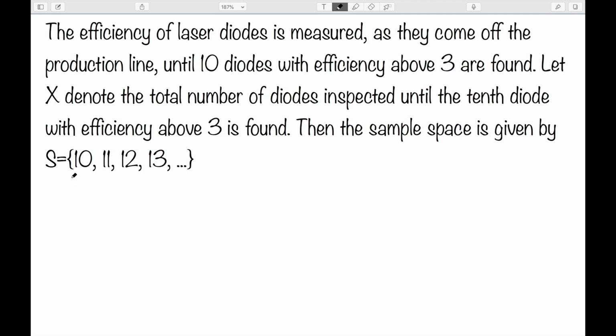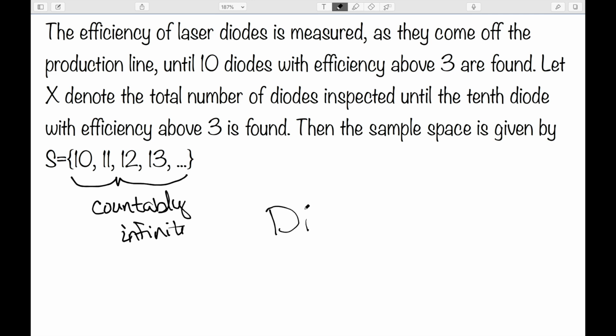We can keep going indefinitely. So this is what we call countably infinite. We could count the number of possible outcomes here, even if it is infinite. So this is another example of discrete.